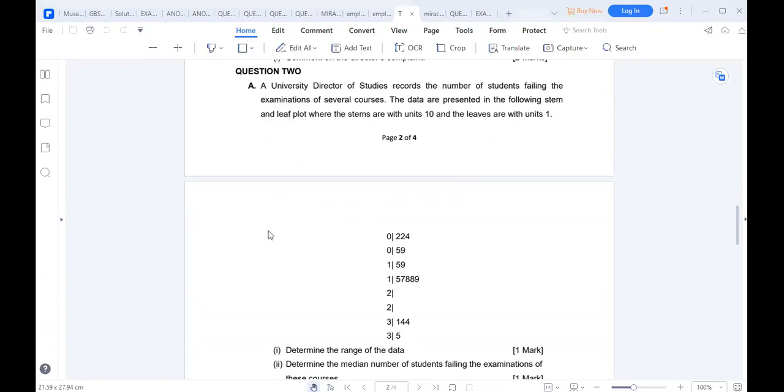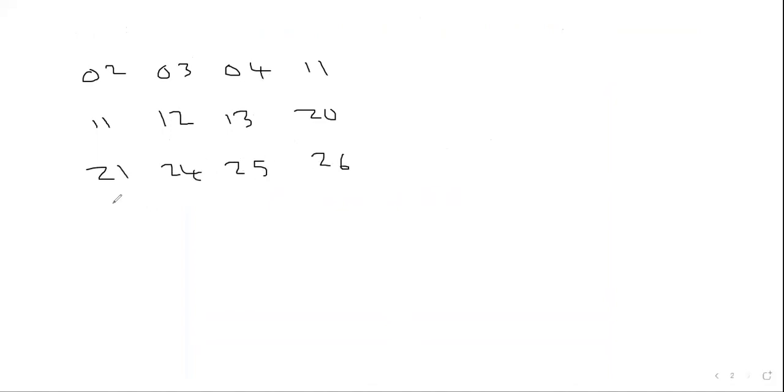By now, you know that in a stem and leaf diagram, for instance, you are given 02, 03, 04, 11, 11, 12, 13, 20, 21, 24, 25, 26, 26, then we have 30, 31, 32, 40. I want you to learn, those of you who've never learned how to convert, a stem and leaf diagram.